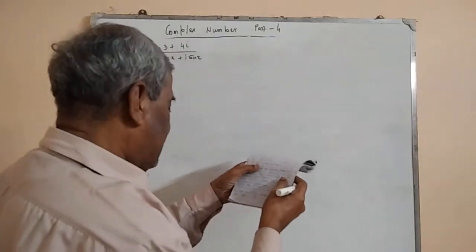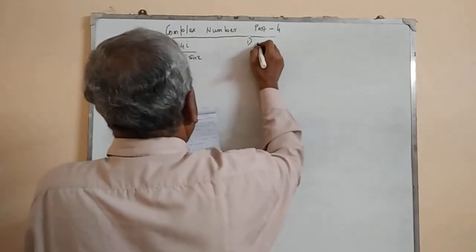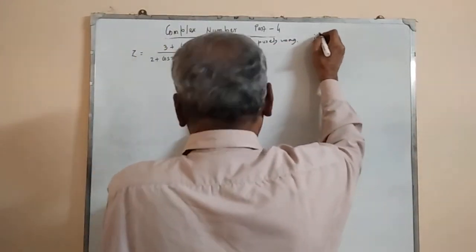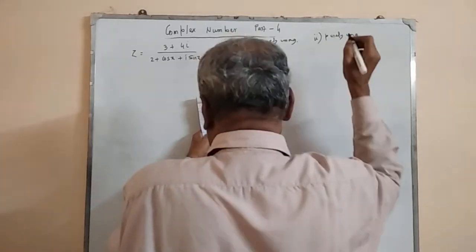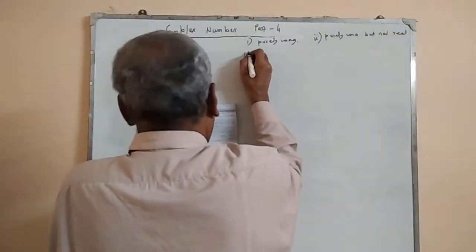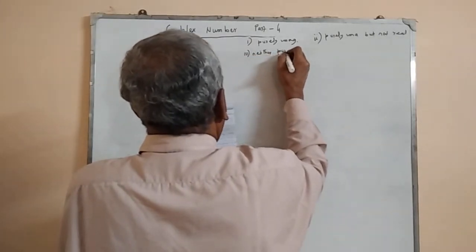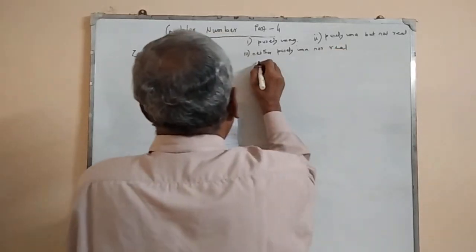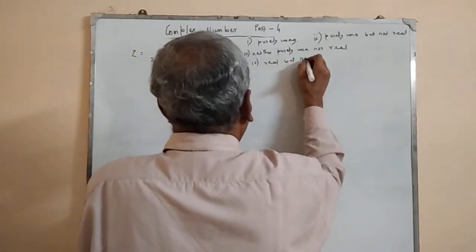Then z can be, of four options: number one, purely imaginary; number two, purely imaginary but not real; number three, neither purely imaginary nor real; and number four, real but not purely imaginary.